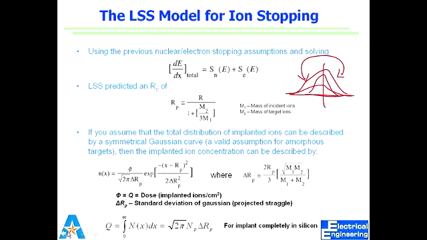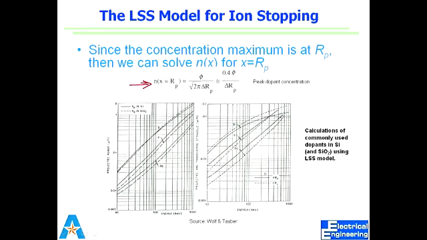And if you look at this relation and put the value of Q here, it gets further simplified to something like this, right? For the projected range, we end up with a relation which is just Q over square root of 2 pi times the straggle of the projected range, which further simplifies to 0.4 Q over delta RP.